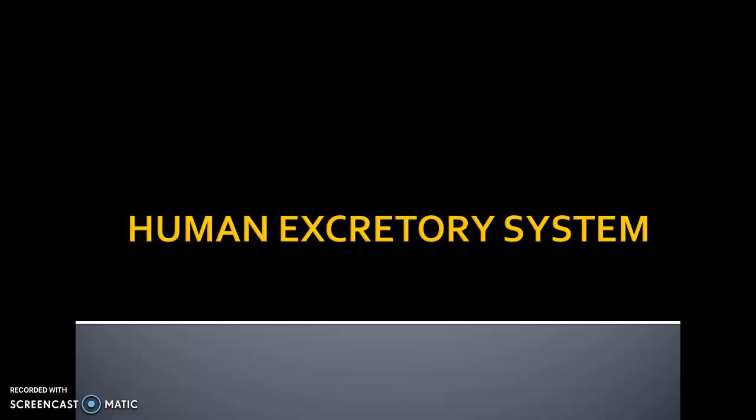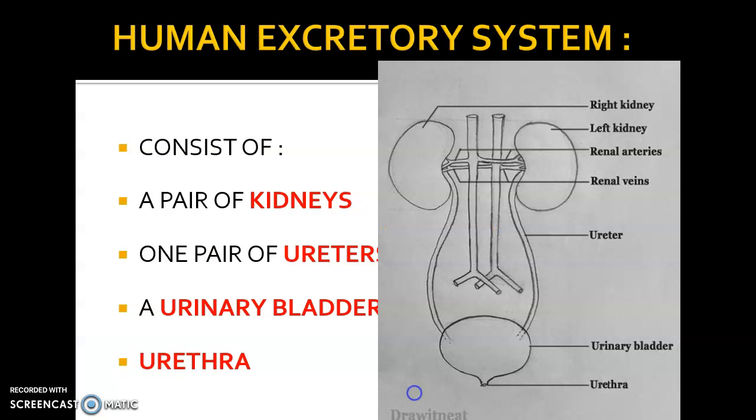So that concludes our discussion on the basic understanding that we need to know before we move on to the human excretory system. So we begin our discussion now on the human excretory system. The human excretory system consists of a pair of kidneys, as you can see here, a pair of ureters, a urinary bladder and urethra.